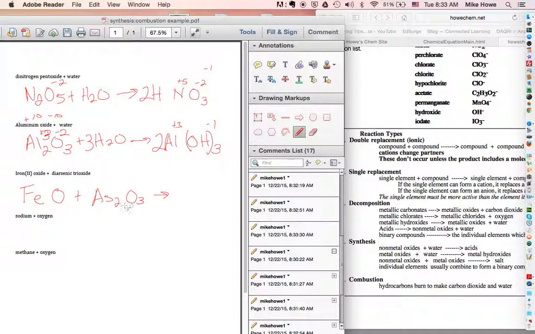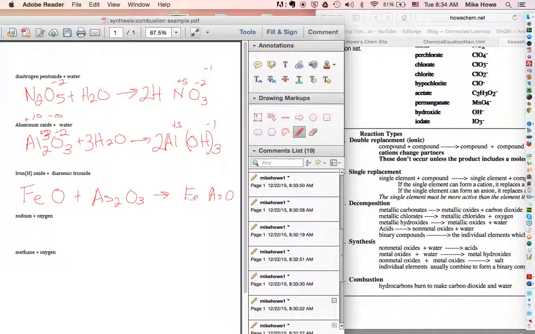This is the non-metal oxide, this is the metal oxide, and it makes a salt. So the salt is, for right now, we're just going to call a salt a positive ion and a negative ion. So the salt would be FeAsO. So you're going to put these in order of increasing electronegativities. Oxygen's more electronegative than arsenic, arsenic's more electronegative than iron.